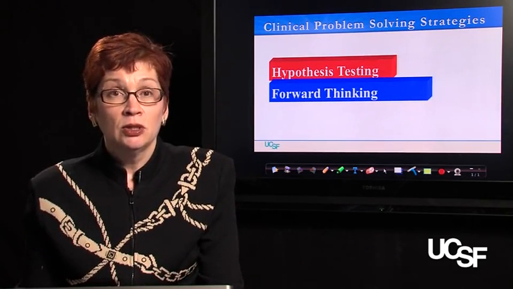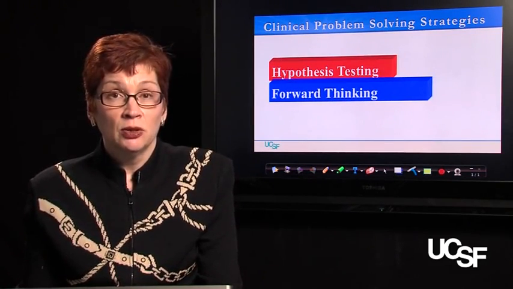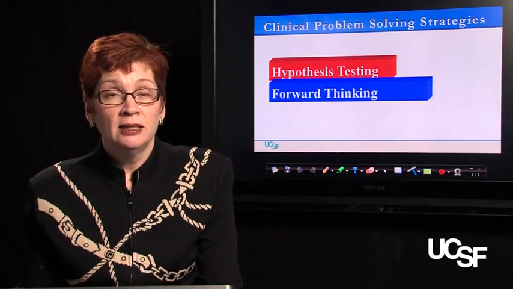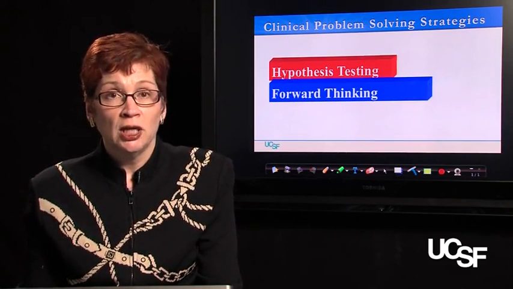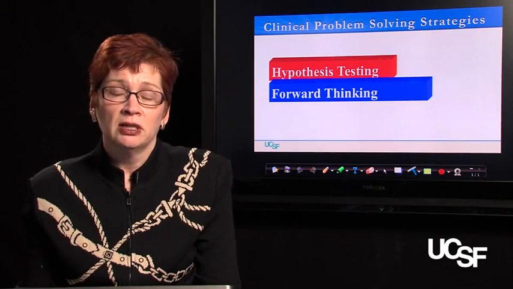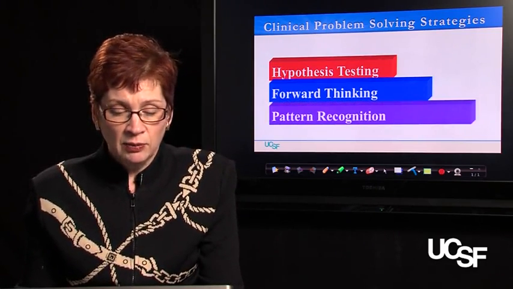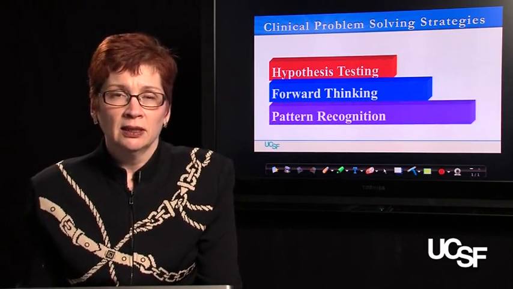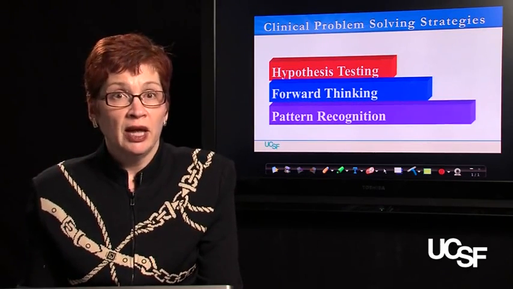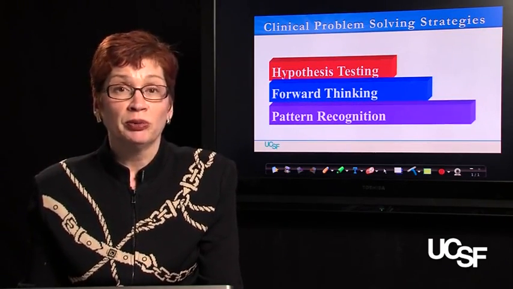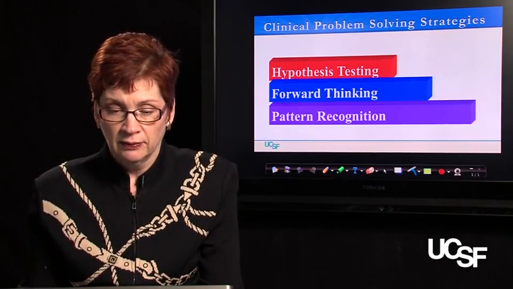Forward thinking used better problem representation through the skill of processing and a series of nodes of branch chain algorithms so that we could narrow our differential diagnosis before arriving at the right diagnosis. And pattern recognition, where we instantly recognize that all or nearly all elements of a given disease's illness script were present in the patient in front of us.